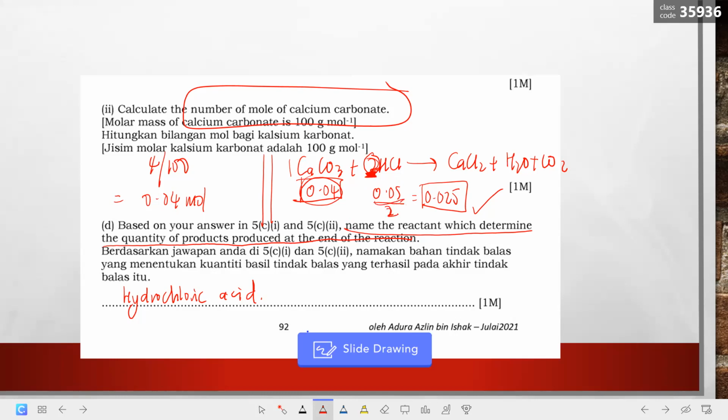Now both my coefficients are 1, 1. Then I compare their number of moles, 0.025 and 0.04, and I found out that hydrochloric acid has the lesser number of moles. So I'm going to choose hydrochloric acid as my limiting agent.